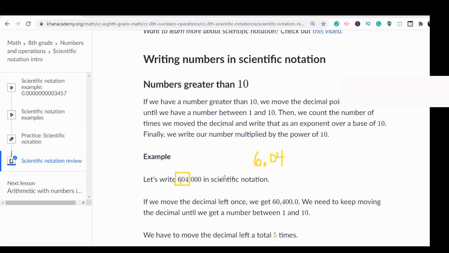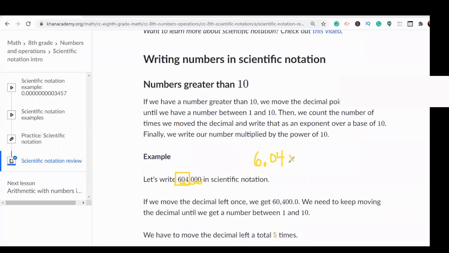Now that I have that decimal there as a placeholder, I'm going to count exactly how many decimal places I need to move in order to get the number that I originally had, which was 604,000. So I would be moving the decimal 1, 2, 3, 4, 5 places to the right.